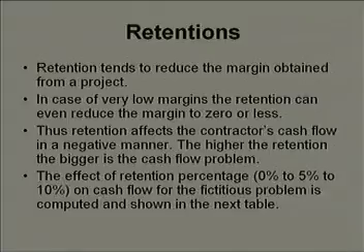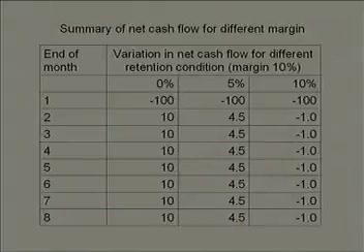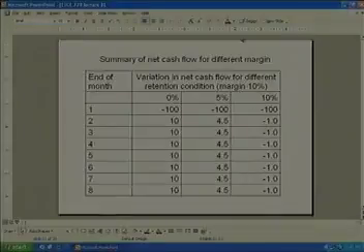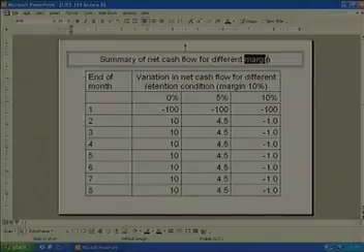So, these 3 cases I have summarized in this particular slide. Its title says summary of net cash flow for different margin. Rather, I will just make a slight correction: for different retention.